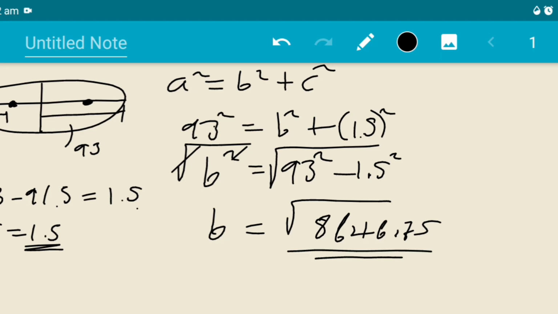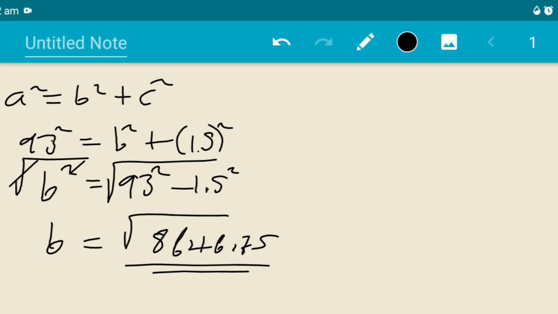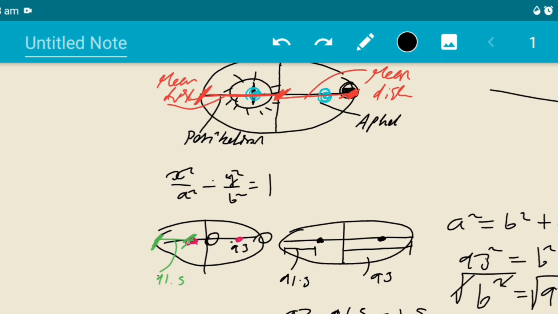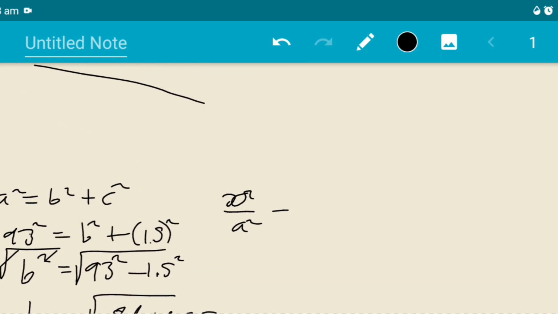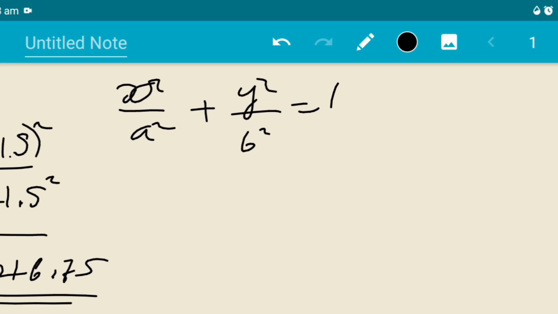Now, let's substitute into our equation. Our equation is x squared over a squared plus, minus. Wait, hold on. I was getting things mixed up. This here is supposed to be a plus. So it has to be plus y squared over b squared should be equal to 1. Then we know what our A is, the same 93 million. So it is 93 raised to the second power plus, what is our B?